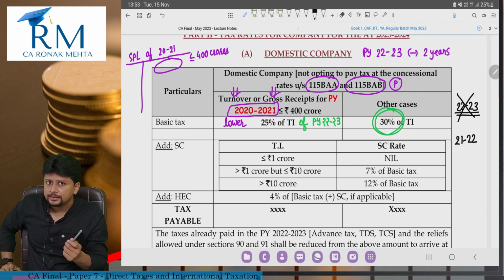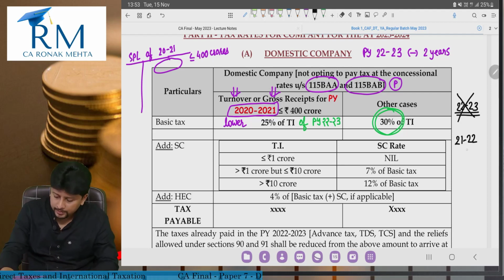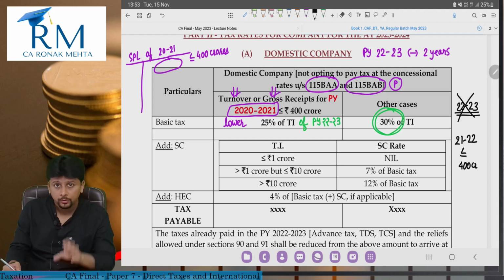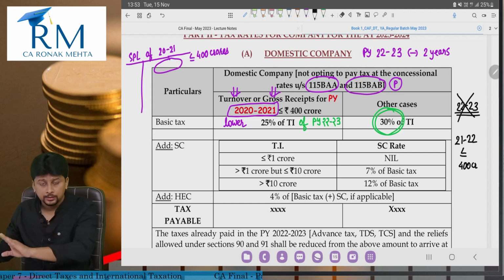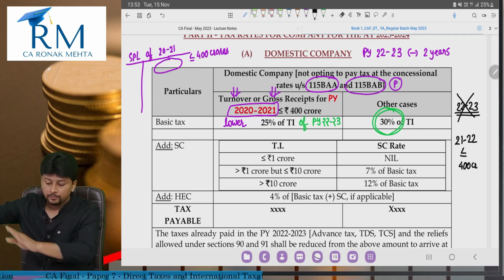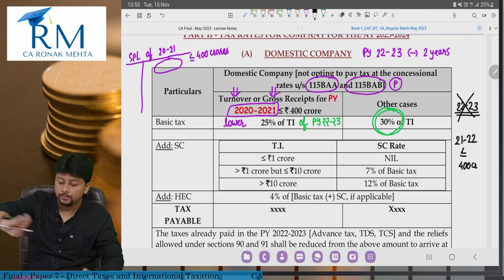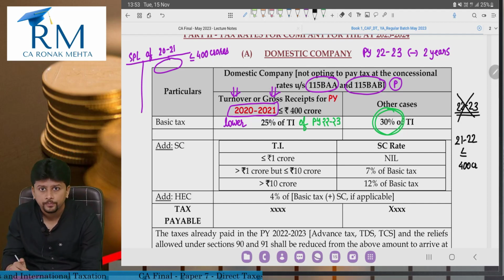Everybody understands, okay, if we bring this turnover below 400 crores by doing some accounting manipulation etc., then in the next year 22-23, when we will be earning income and paying tax, we would have already manipulated our accounts and brought it to 400 crores or below that, and we can still avoid tax.